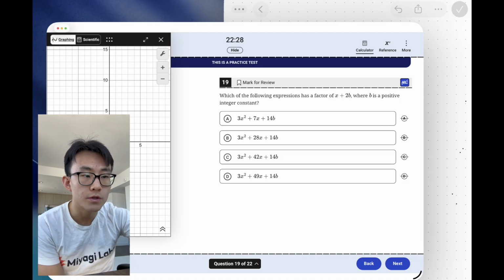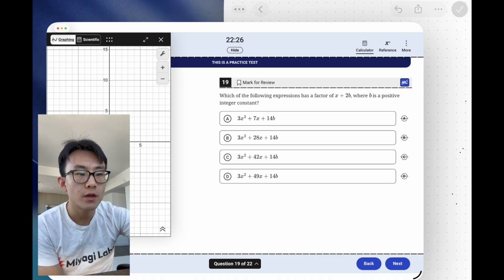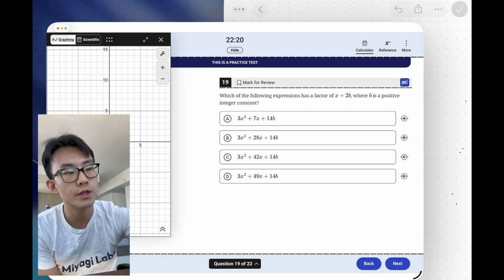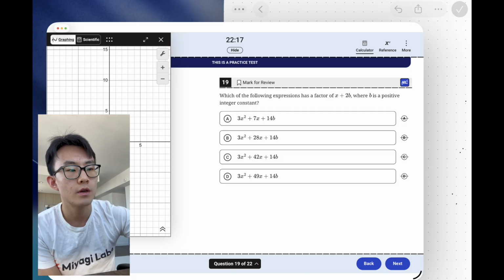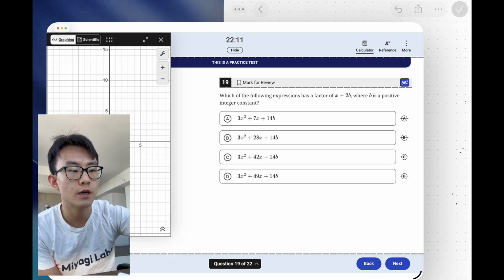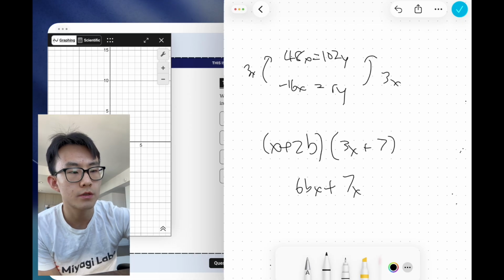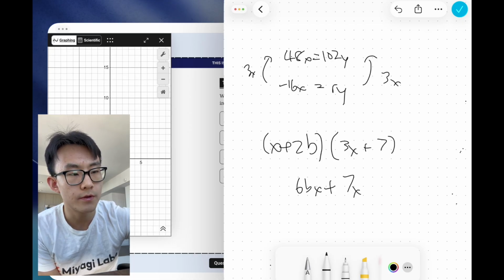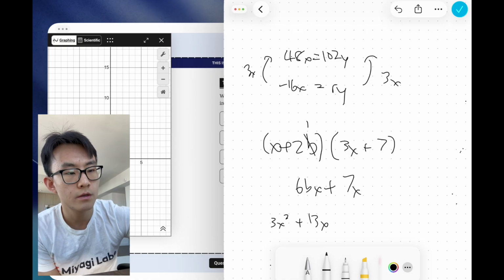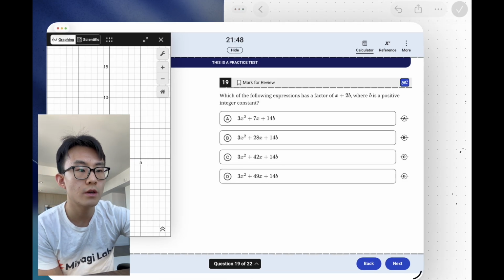Hold on, I'm kind of confused. This is true for all b's. Okay, so let's just assume b equals 1. So we need it to have a factor of x plus 2. Which of these has a factor of x plus 2? B equals 1. So we have 3x squared plus 6x plus 13x plus 14. Like, this will be correct.